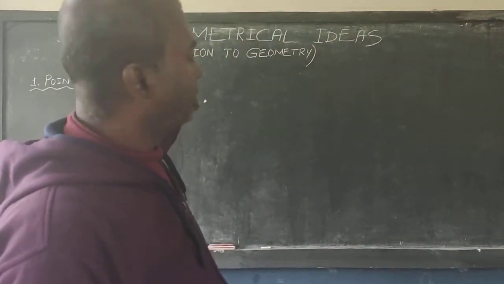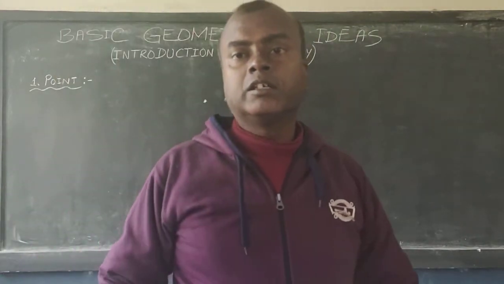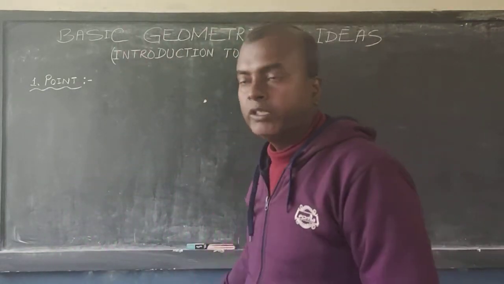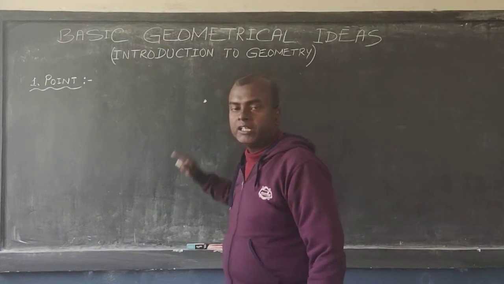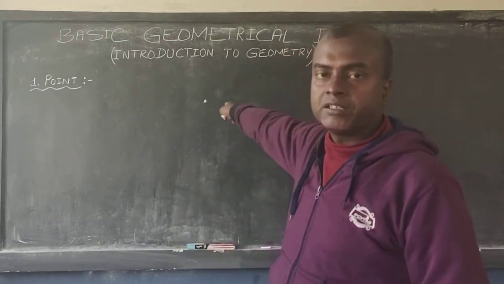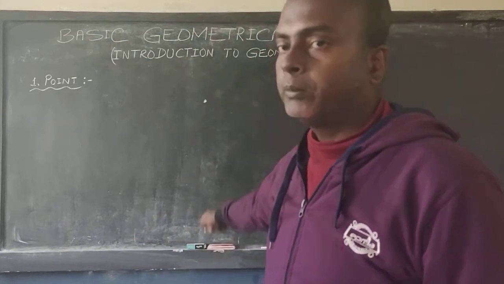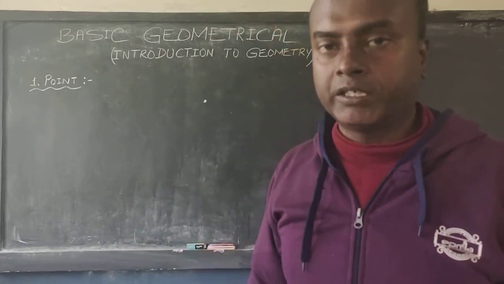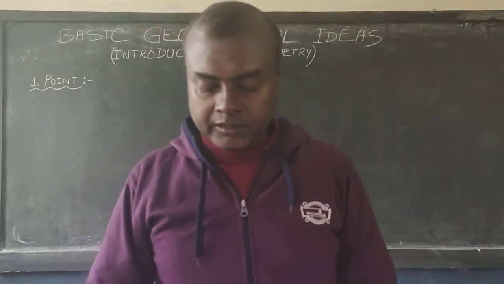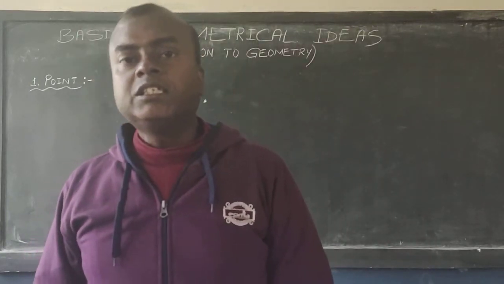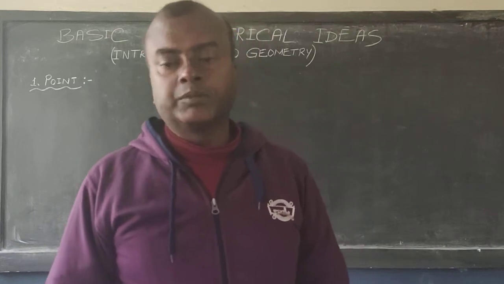If I draw the point over there and say, look at this point on the blackboard, then all the students will look at the point where I have drawn it. So a point is an exact location in space, and these points can be given names.